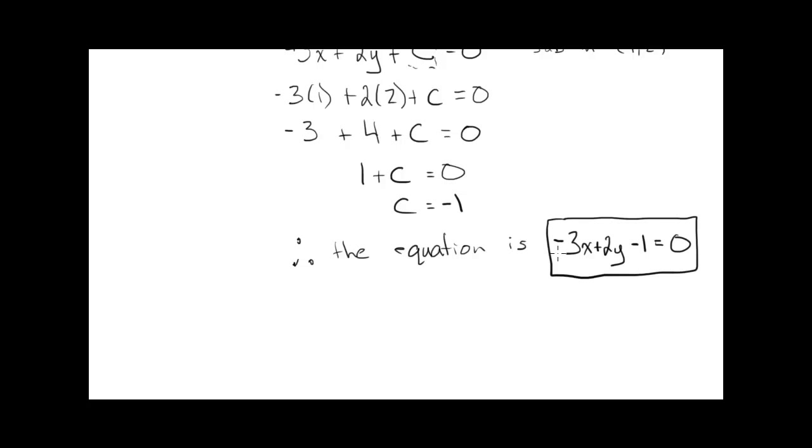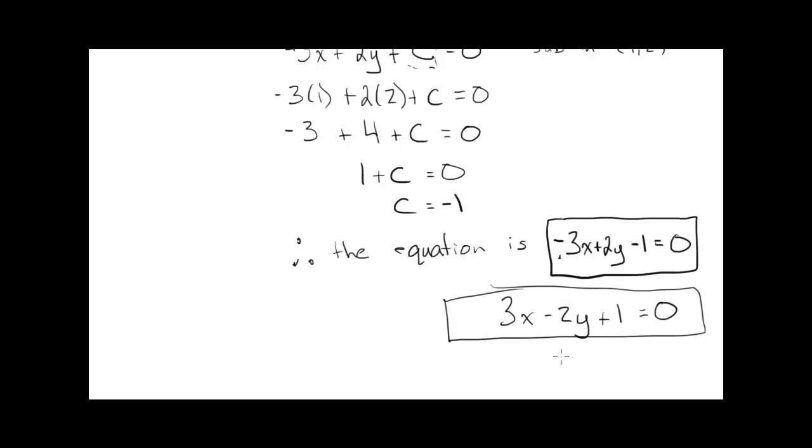And you might notice a lot of times we don't want the negative in front of the x, so what we'll do is just subtract everything from that side and get it onto the other side. So 3x minus 2y plus 1 equals 0. So that's actually a better answer. Okay, so that's the Cartesian or scalar equation of a line.